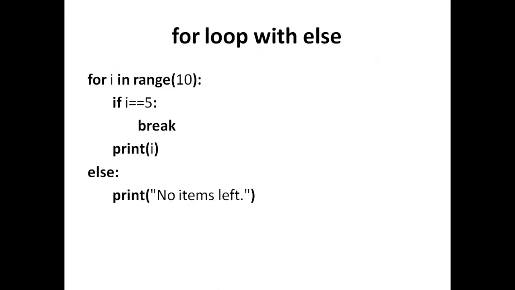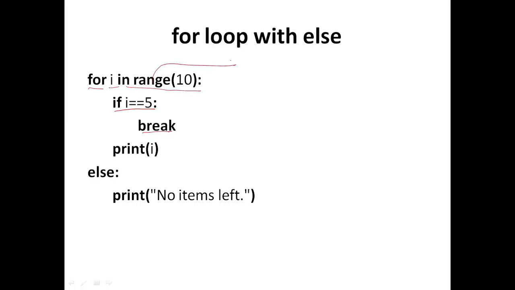So let's see an example of the break statement. In this case I have taken a condition if I equals 5, and if it is true then we will break our loop. So in this case I have written for I in range 10.